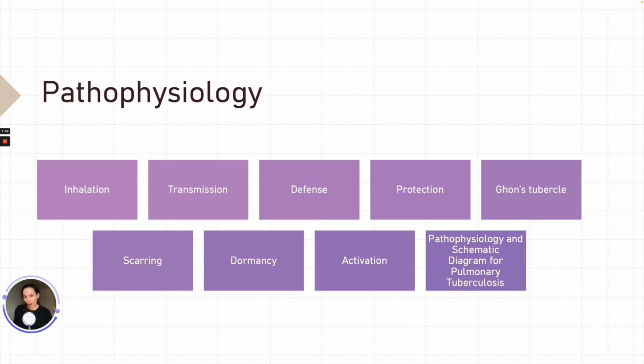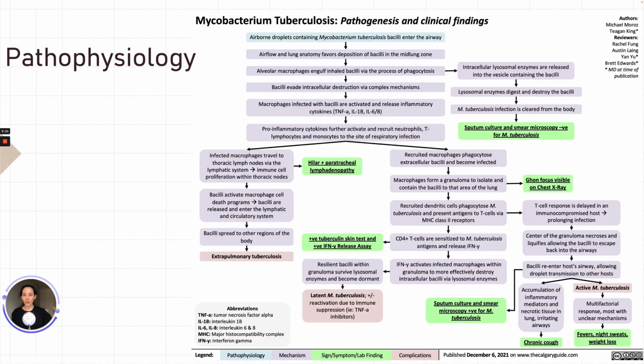And then there's scarring, so the bacteria and macrophages turn into a mass that may become calcified and form a collagenous scar. Then there's also dormancy, so at this point the bacteria become dormant and there's no further progression of active disease. But there's also activation, so after initial exposure and infection, active disease may develop because of a compromised or inadequate immune system response. All right, so let's look at a pathophysiology diagram.